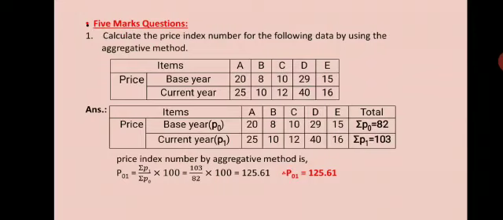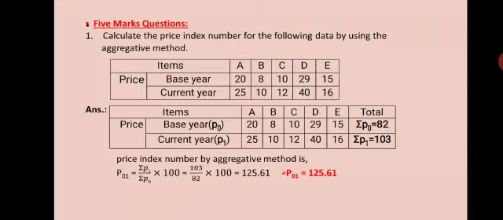As we know, the base year prices are denoted by P0 and the current year prices are denoted by P1. Then for the aggregative method, we require the total of base year prices and the total of current year prices.